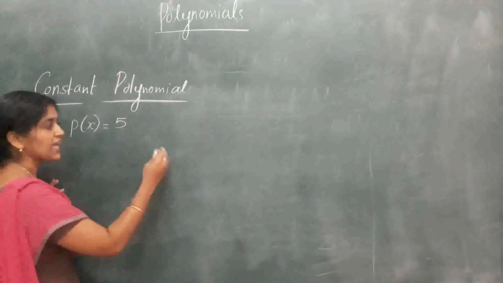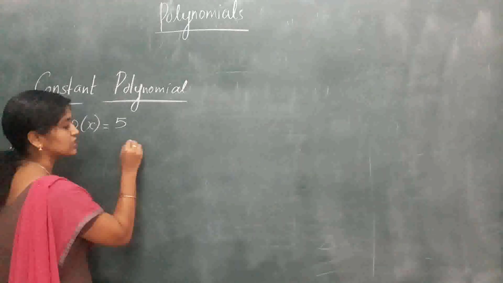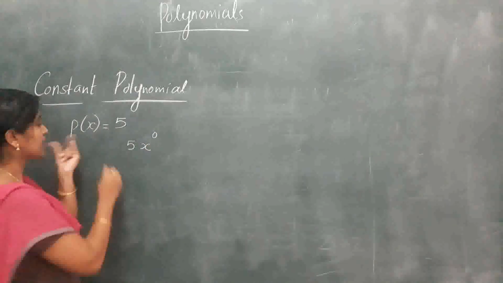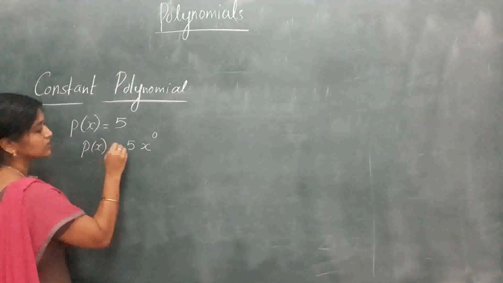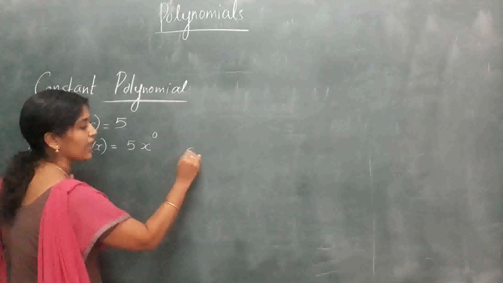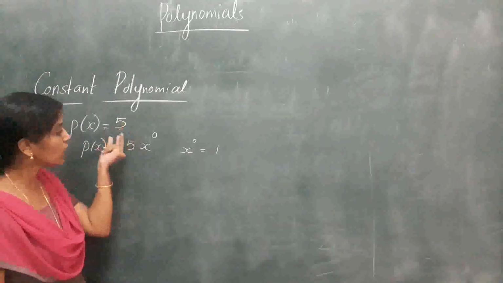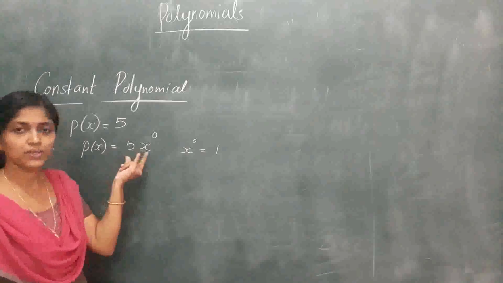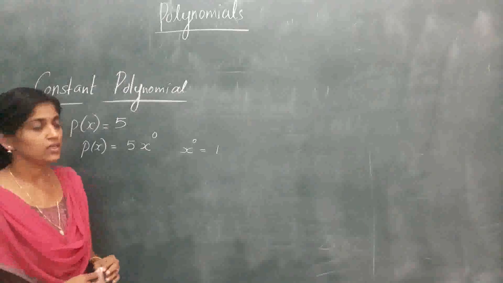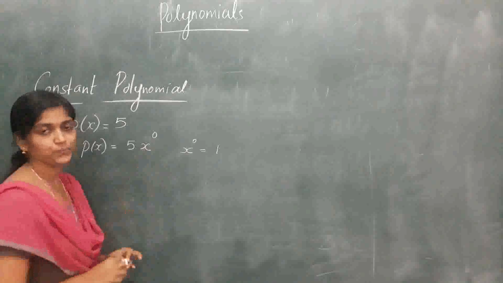Since any number raised to 0 is 1, I can write 5 as 5 into x raised to 0. So I can write the polynomial p of x is equal to 5 into x raised to 0, because x raised to 0 is equal to 1. Any constant polynomial can be written this way using the variable. So what is the degree of a constant polynomial?